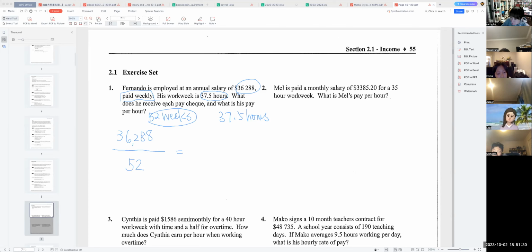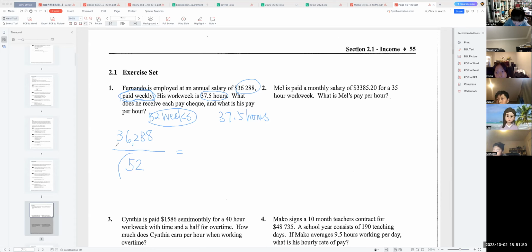Understand, Michael? So what does a paycheck mean? That means 他 paid weekly，他每个星期要问他拿一次钱，所以就把 total 的 divided by 52. Understand? Everybody, Emma? You can use the calculator, okay?